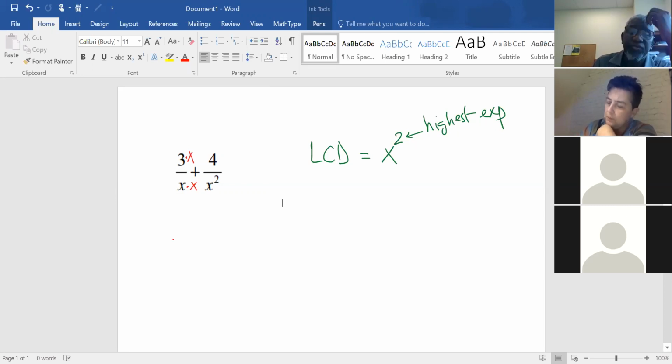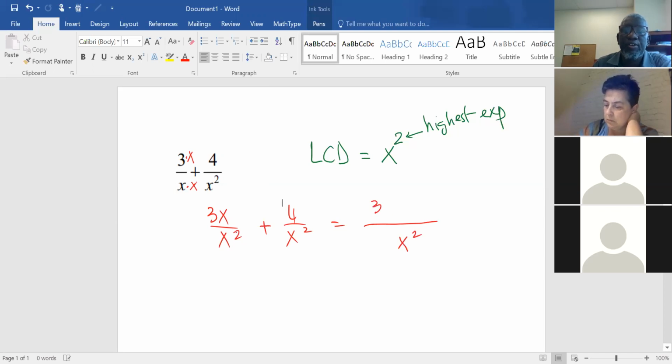The second one, do I need to change it, or is it okay now? It is okay, because I already have the LCD. So what I get is 3x over x squared plus 4 over x squared.